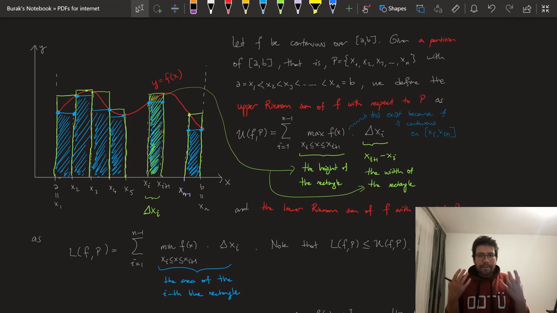What does it mean for me to take the limit of these Riemann sums as these happen? That's not obvious to define, because that's not like defining the limit of a function at a point. So I need to develop a certain notion of limits, which is not obvious at the moment. So instead of directly taking limits like this, I'm going to do something else, okay?